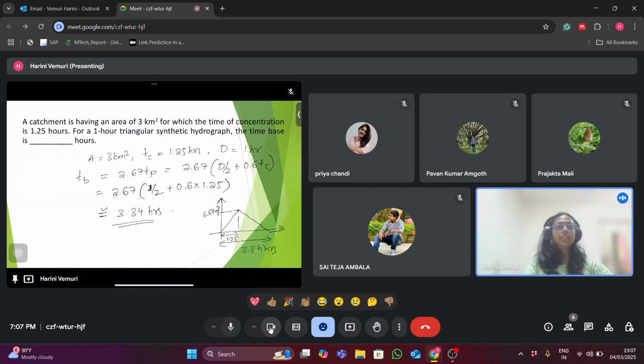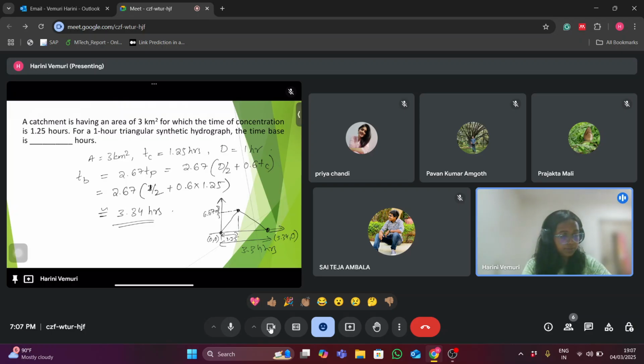So like that, in case of the SCS triangular method, if we know the time base, time to peak and peak discharge, we can construct a unit hydrograph, because in case of a unit hydrograph, at time step 0 the discharge also will be 0. And at the time step equal to the time base, that is 3.34 hours, the discharge also will become 0 because there is no base flow.